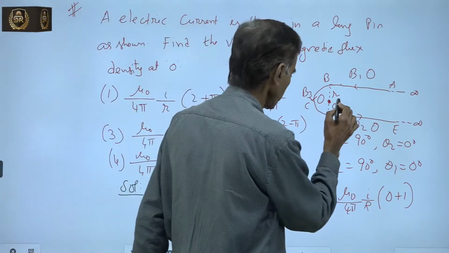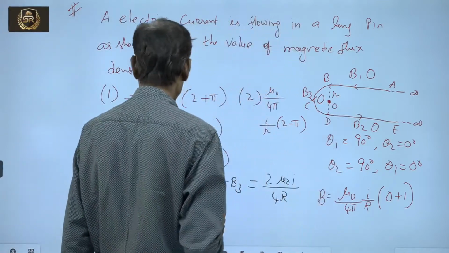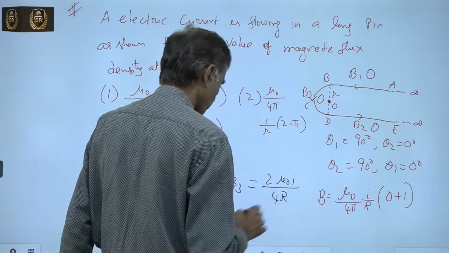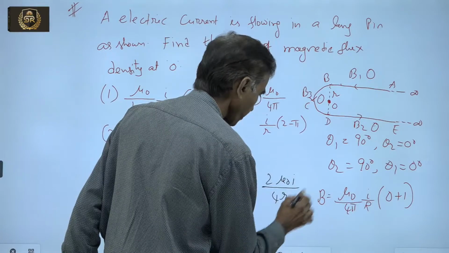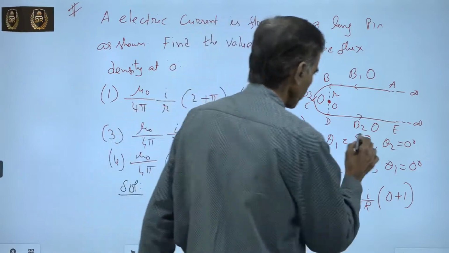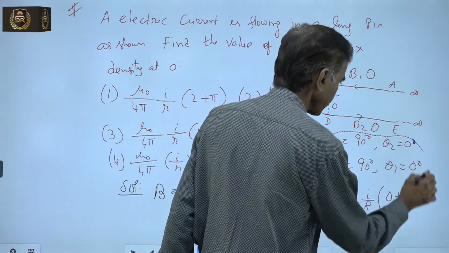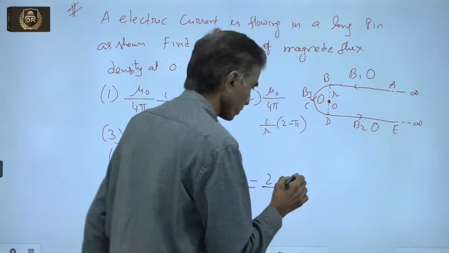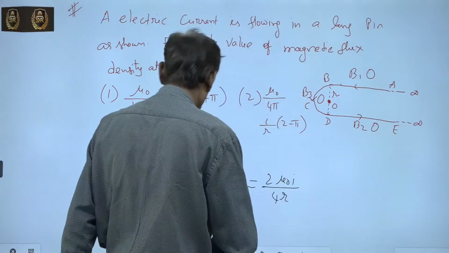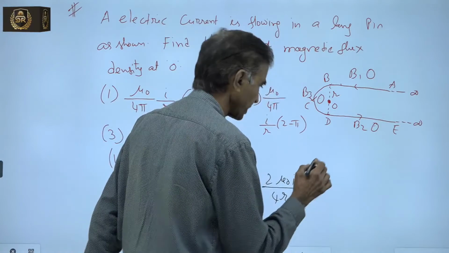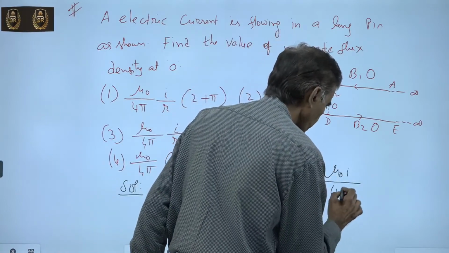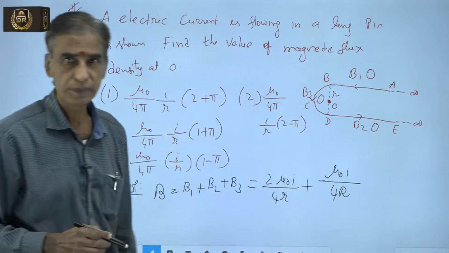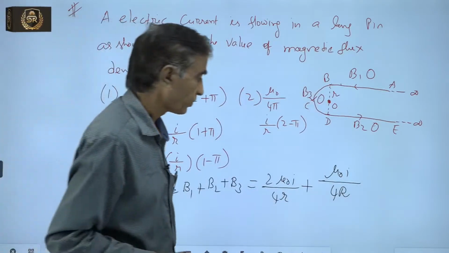The distance is smaller R, as given. So this is smaller, plus the semicircle. For the semicircle we know already, mu naught I by 4R.